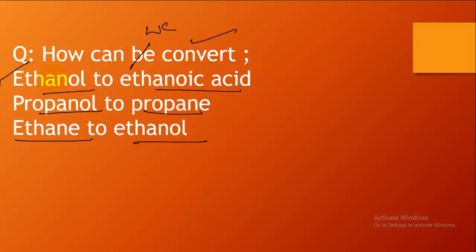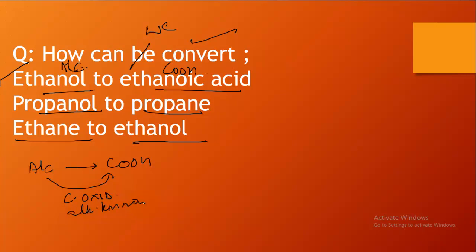Whenever this kind of question is given, take them in a general form. We know that ethanol is an alcohol, and ethanoic acid is a carboxylic acid. So in the first case, you need to convert alcohol to carboxylic acid. You know that it can be easily converted by carrying out complete oxidation in presence of alkaline KMnO4 or K2Cr2O7.